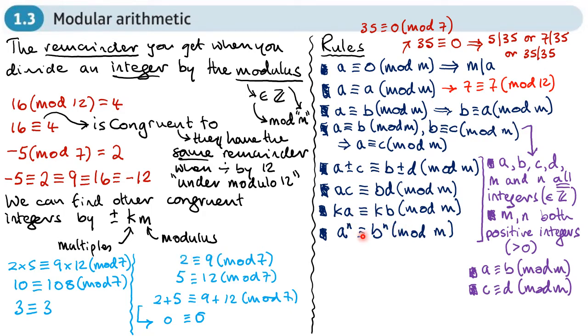And the last rule is that if we raise two congruent numbers, A and B, to the same power, that rule still holds under a certain modulus. For example, if I did 2 cubed and 9 cubed, this relationship would still be true under modulus 7.